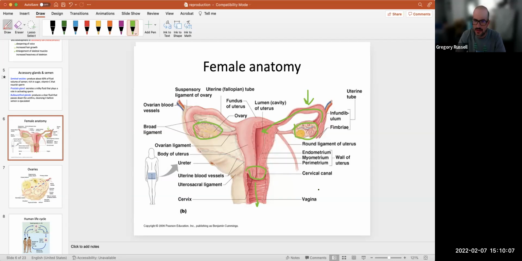If the egg is not trapped by the fimbriae, it will float out into the abdominal pelvic cavity. And again, more often than not, nothing really happens. However, there are some instances where an egg that floats out into the abdominal pelvic cavity can latch on to an internal organ. Even a fertilized egg could end up in the abdominal pelvic cavity, and it could start to grow on something else.